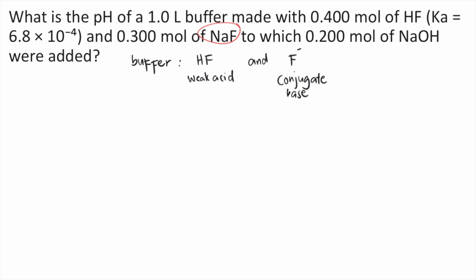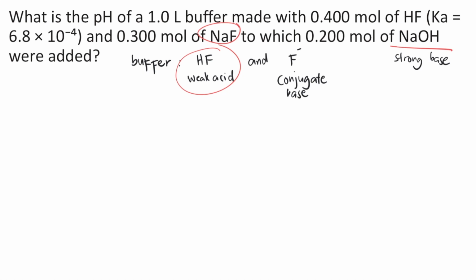Okay, and the problem says you added NaOH to the buffer. And what do we know about NaOH? NaOH is a strong base. So when you add the strong base to the buffer, which component of the buffer will react with the strong base? Obviously, it's the HF. Remember, the acid reacts to the base.